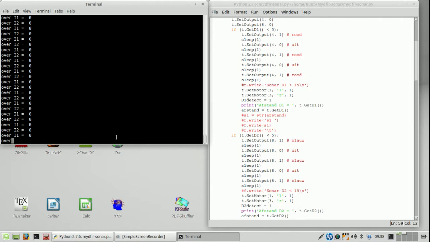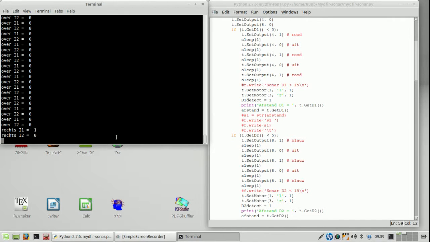I hold my hand in front of the right side sonar at various distances. And all I can see is it doesn't see a line. Now it says right, so it loses track somehow.